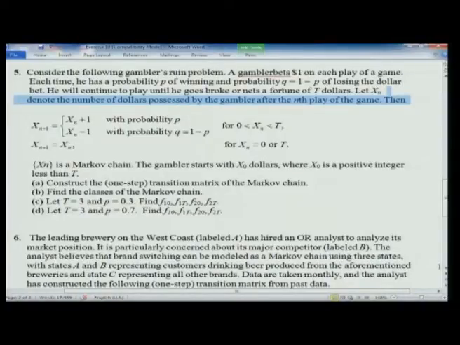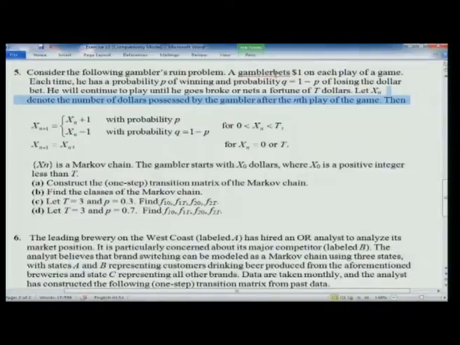A gambler bets $1 on each play of a game, because this is again from Hillier and Lieberman. Each time he has a probability p of winning and probability q, which is 1 minus p, of losing the dollar bet. He will continue to play until he goes broke or nets a fortune of $t.